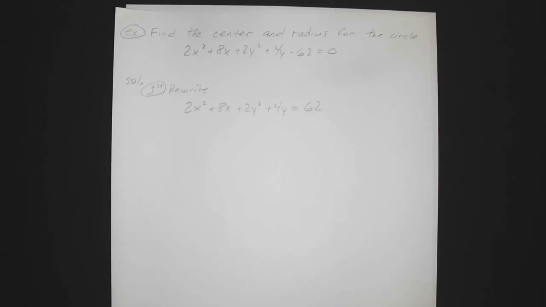All right. Now for this one, you're still going to complete the square, but you're going to factor out to get the x squared by itself, and same thing with the y squared.